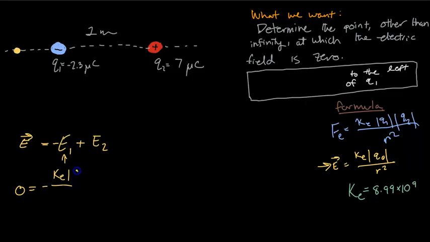We'll have our charge 1, absolute value, and we will have our distance squared, R1, and then we'll be adding the same equation, except it'll be with our second charge and the distance to our charge number 2.